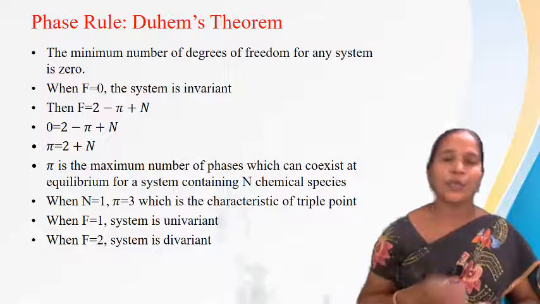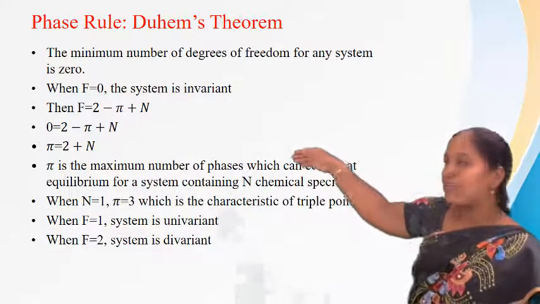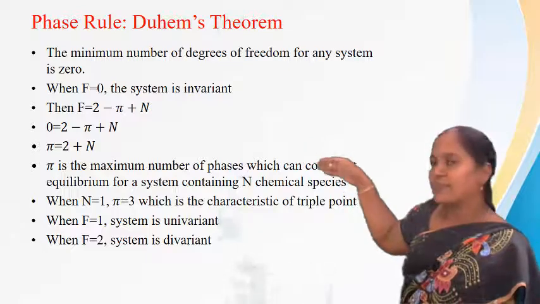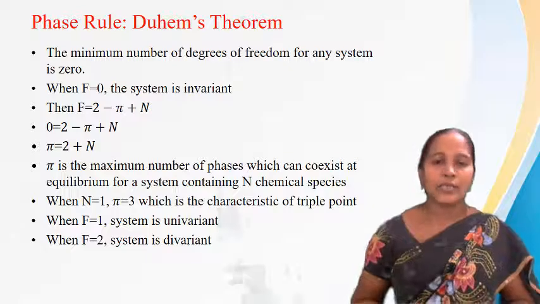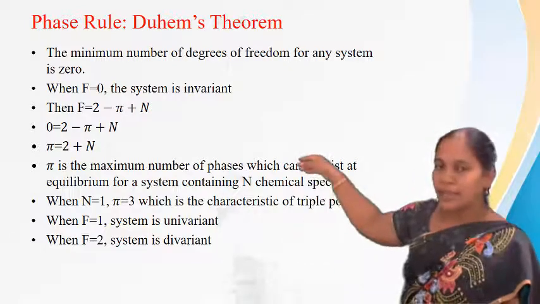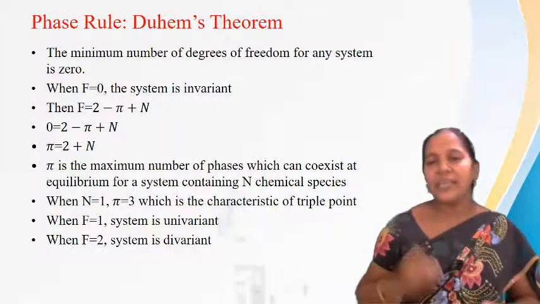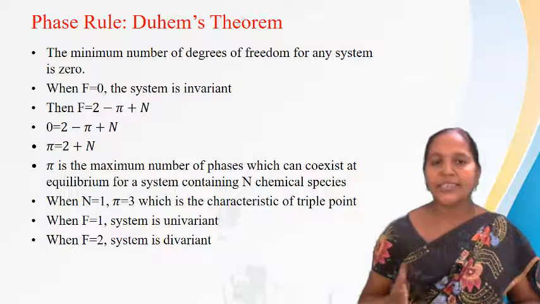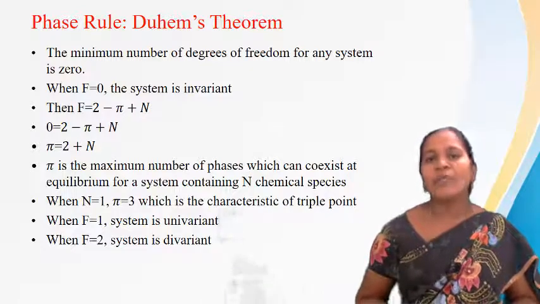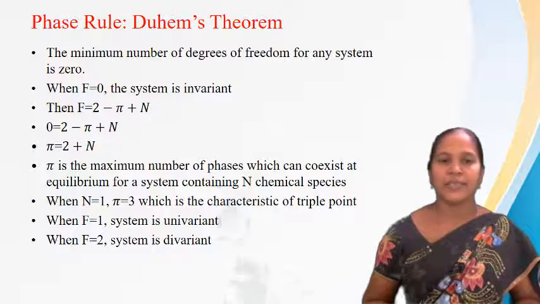Substitute f equals 0 in the phase rule, f equals 2 minus pi plus n. Therefore, 0 equals 2 minus pi plus n, so pi equals 2 plus n. Pi is the maximum number of phases which can coexist at equilibrium for a system containing n chemical species.